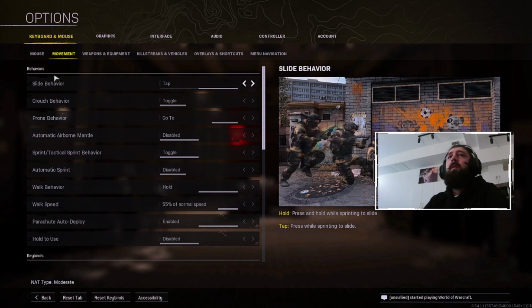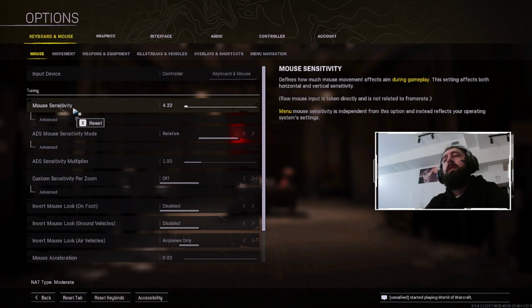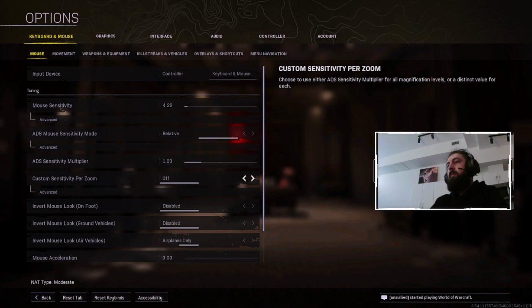Now, I'm going to share with you how I get this number, the 4.22. What you do is you take your DPI and then you take your in-game sensitivity. So I'm playing at 1600 DPI by 4.22, and you multiply those two numbers, that'll give you your eDPI, those two numbers combined.